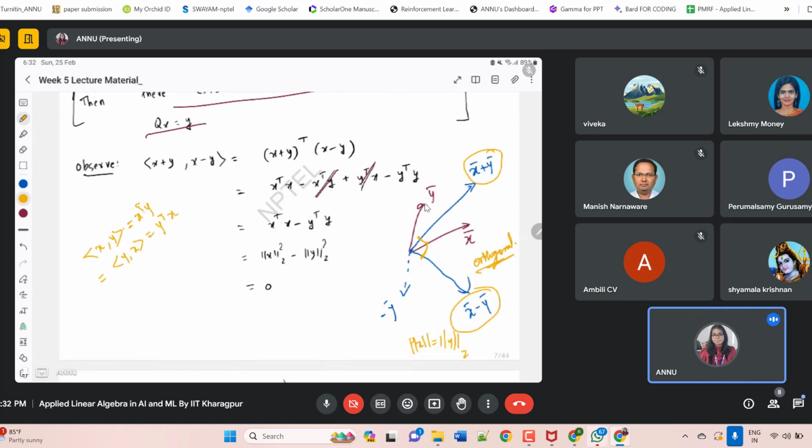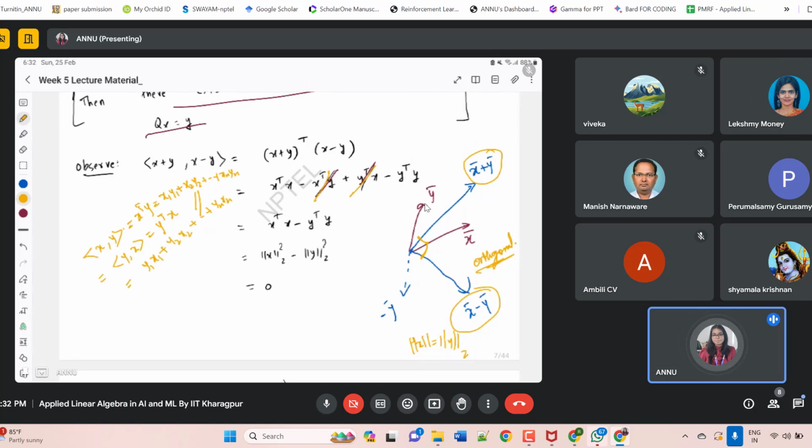If you split it out, this is x1 y1 plus x2 y2, and so on up to xn yn, and this is also y1 x1 plus y2 x2, and so on up to yn xn. This is equal, so this will be cancelled. The inner product property also states that it is commutative. So this is orthogonal.